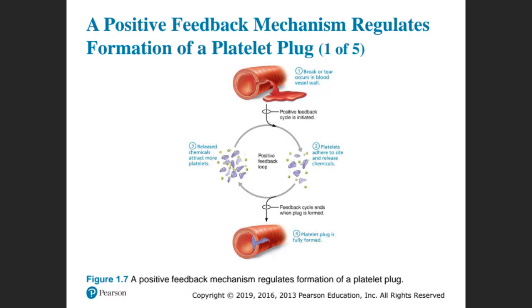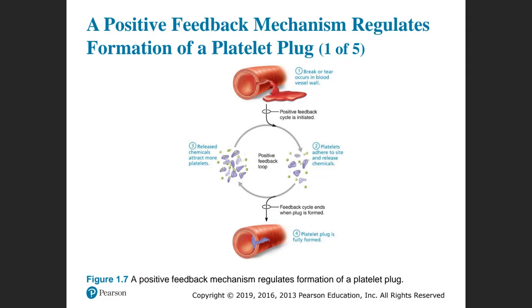So there's more pressure against the cervix, more oxytocin hormone is released, more uterine contractions, so on and so forth until completion. That's a big difference between positive and negative feedback. With positive feedback, we enhance the initial stimulus and we go with that until completion.